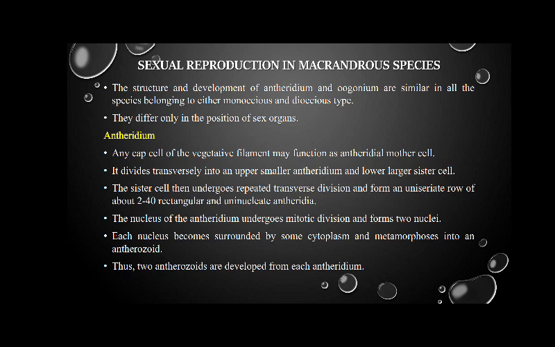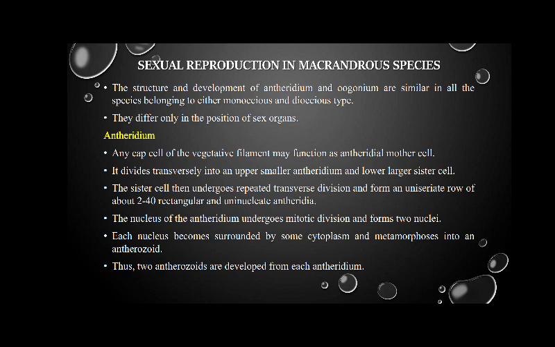It first transversely divides into an upper smaller androgonium and a lower larger sister cell, and the sister cell then undergoes repeated division to form 2 to 40 rectangular uninucleate androgonia, and the nucleus of each androgonium undergoes mitotic division and forms 2 nuclei. Each nucleus becomes surrounded by cytoplasm and metamorphoses into an androzoid.